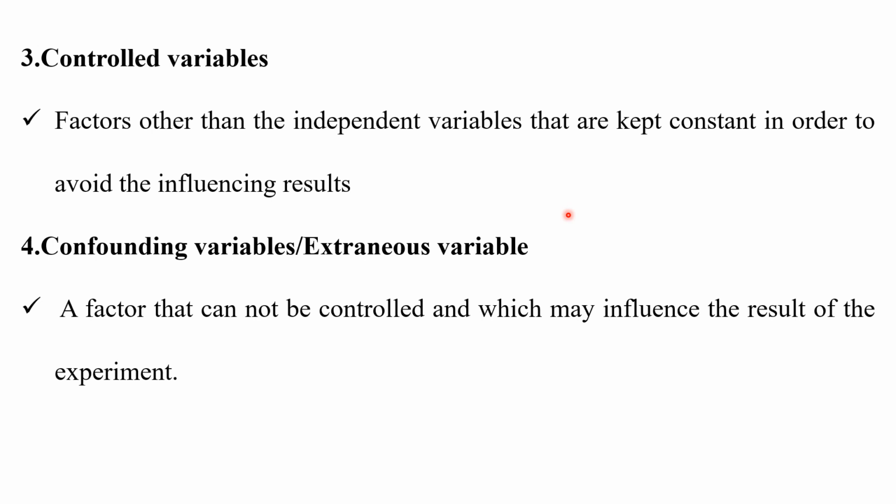We are not controlling these confounding variables, but they may influence the results of our experiments. These are the factors that cannot be controlled, and they may affect or influence the results of our experiments.